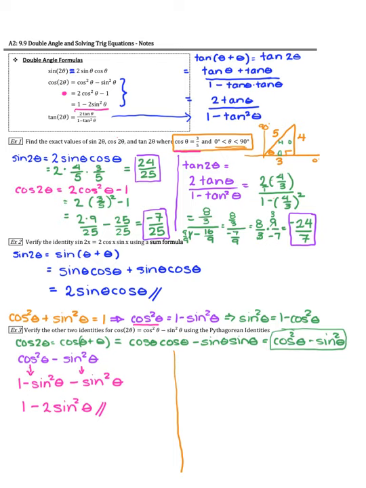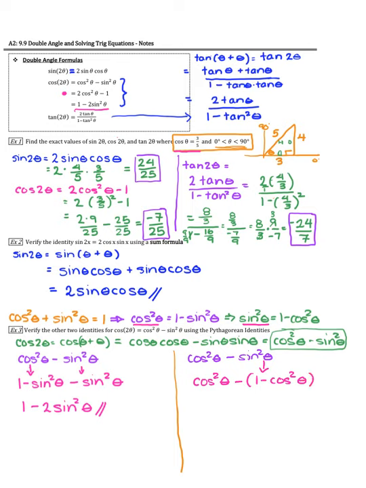Let's do the same thing again. Oops, lost my pen. Here's cosine squared theta minus sine squared theta. This time, we are going to substitute in for sine squared. So we have cosine squared theta minus, in parentheses, 1 minus cosine squared theta.